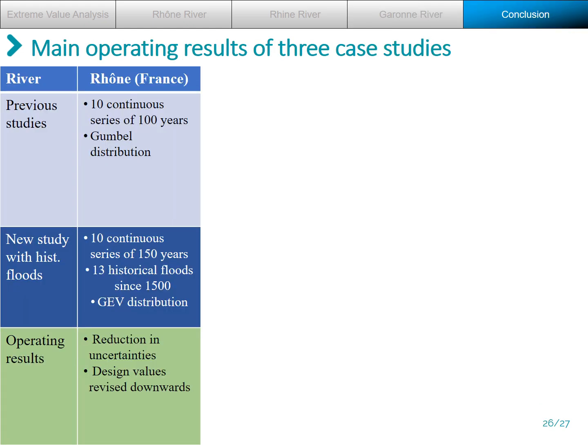So now some conclusions on the 3 case studies. On the Rhône River, adding historical data since 1500 and with longer discharge series, it was possible to reduce the uncertainties and the design values were revised downward.